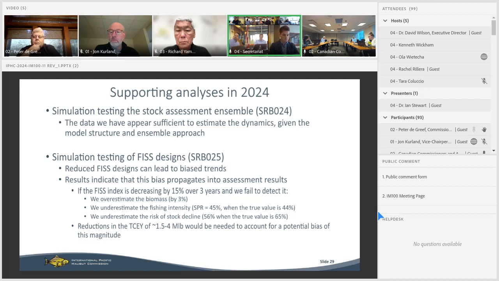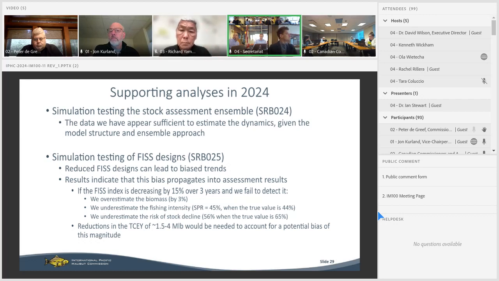And so if we wanted to think about the context for this year's decision making, knowing that there is a risk that there could be a bias, this is an unquantified risk that wouldn't be in the decision table. So when we look at the results from the decision table and see an SPR associated with a particular catch level or a probability of stock decline, know that if there is potentially a bias in the FIS, those could be underestimates of the fishing intensity and underestimates of the stock decline.